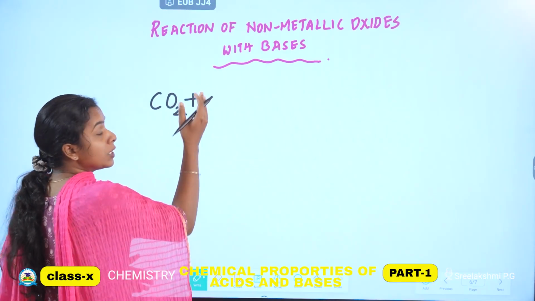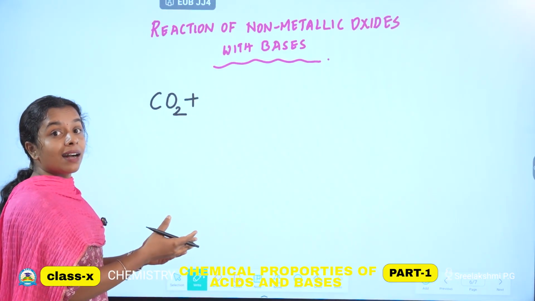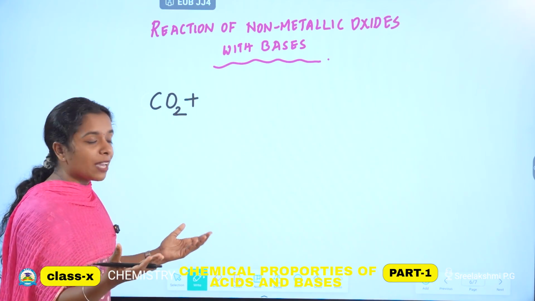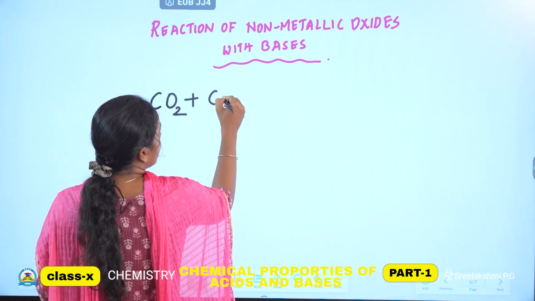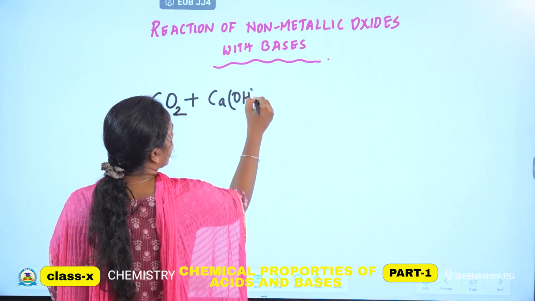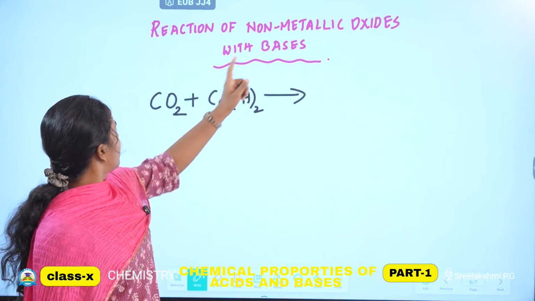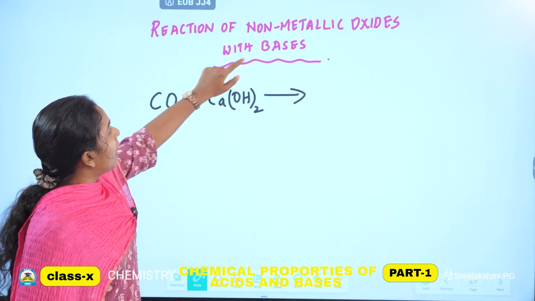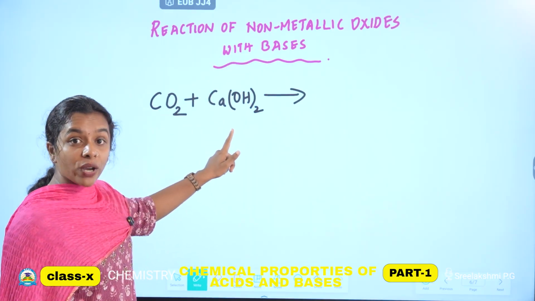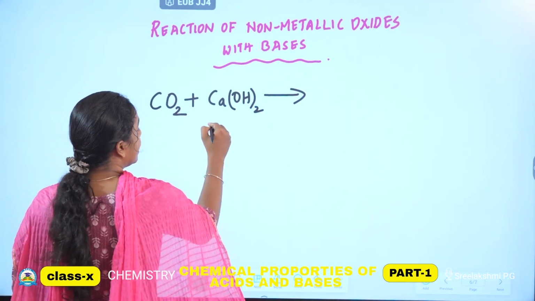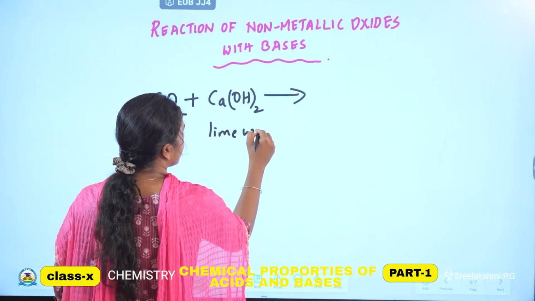Instead of a general base, we will take the example of calcium hydroxide, Ca(OH)2, that is lime water. Is it enough? Yes. So here the non-metallic oxide is carbon dioxide and the base is Ca(OH)2. What is Ca(OH)2? Lime water.